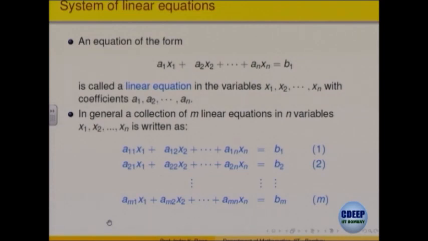Similarly, for the last one, the mth equation: am1, the coefficient of the first variable, am2, the coefficient of the second variable, and on the right hand side bm. So, this is an abstract notation for writing m equations in n variables. And for computation purposes, we do not want x1, x2, xn coming into the picture. So, let us write.